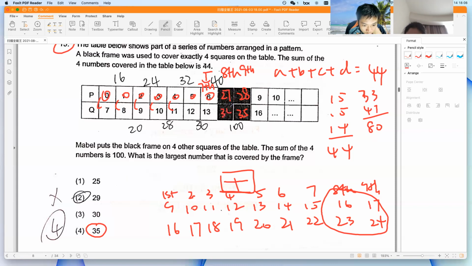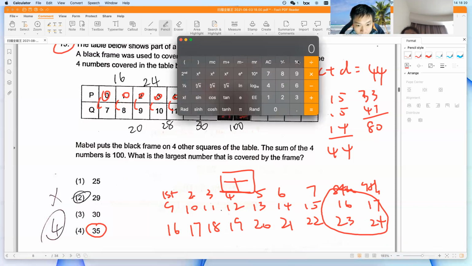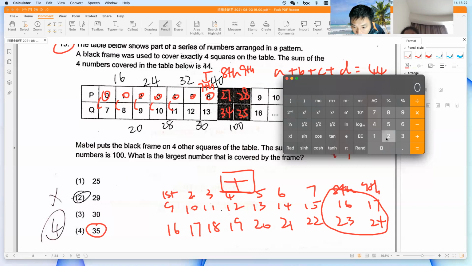So then this has to be 34. Okay, so let me use my calculator here. So 27 plus 28 plus 34 plus 35 is 124.